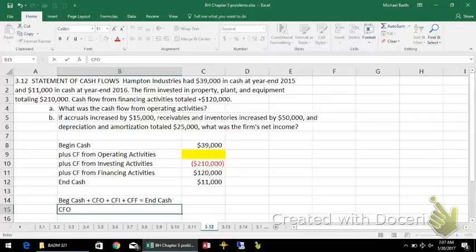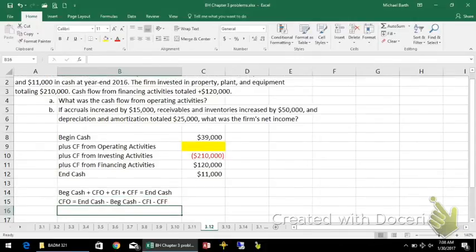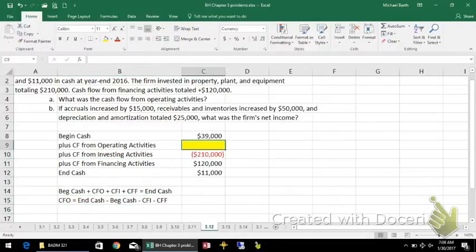CFO, cash flow from operating activities, would be ending cash minus beginning cash minus CFI minus CFF. Okay, so just my God-given algebra talents, and then I'll just come in here to the spreadsheet and reproduce that. Take my ending cash minus my beginning cash minus my CFI minus my CFF tells me that I had $62,000 cash flow from operating activities.